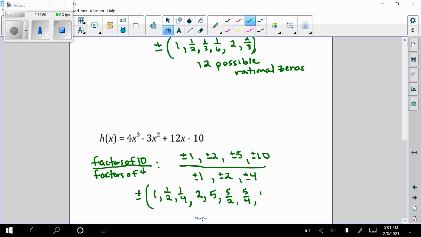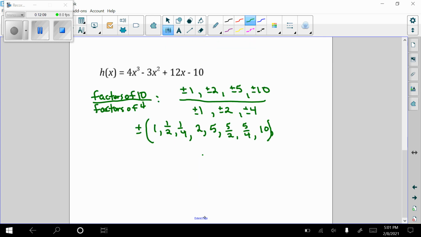Then I'm at my 10, so I've got 10. 10 over 2 is 5, I already have that one. 10 over 4 reduces to 5 over 2, so I already have that one. So here I've got 1, 2, 3, 4, 5, 6, 7, 8 times 2, 16 again.